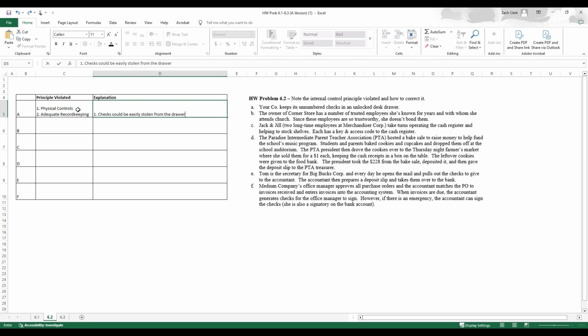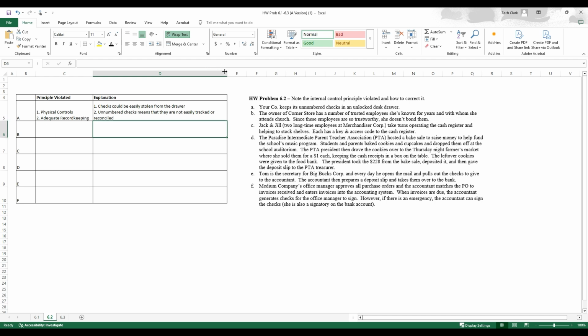And then again, hold Alt on your keyboard, Enter to go down a space there, and then we'll do 2, and we'll say unnumbered checks means that they are not easily tracked or reconciled.